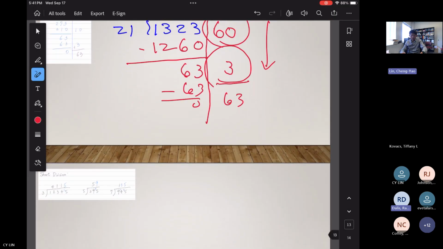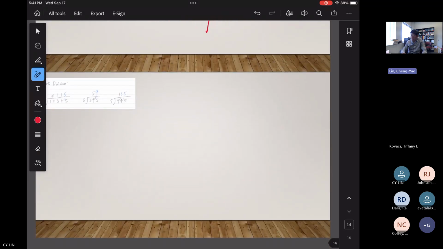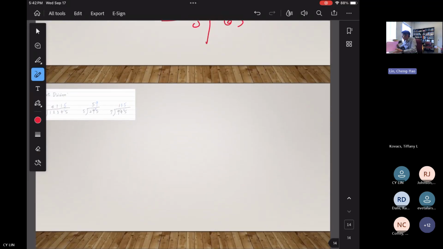And next is the short division. I think that we did the short division during our computational review. Do you still remember this one?